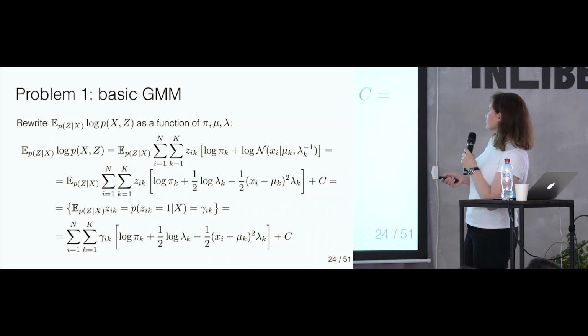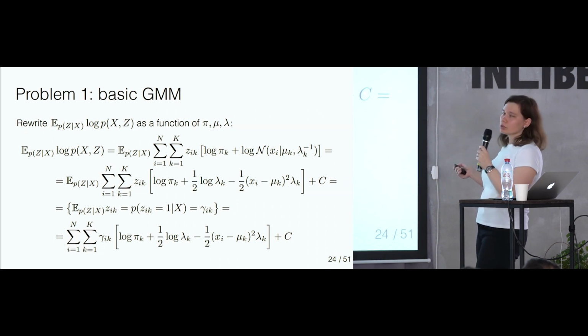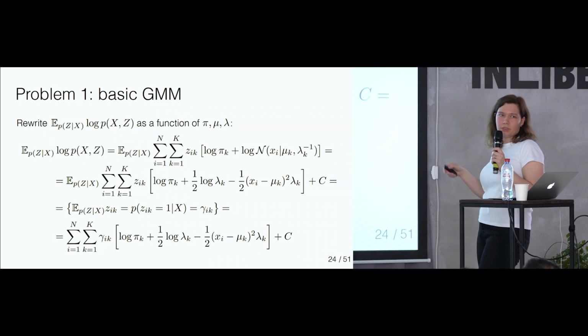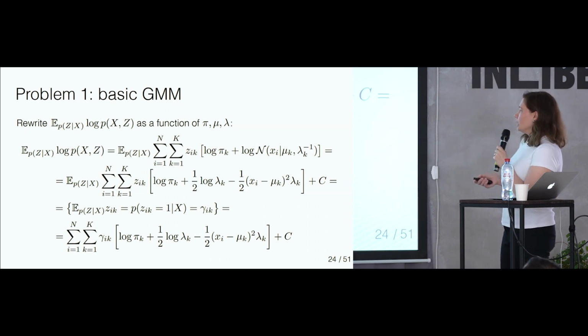Then we use the formula for the normal distribution and obtain these two terms, and also a constant, because we have a constant 1 divided by the square root of 2 pi in the normal distribution. We don't care about it because it's just a constant.